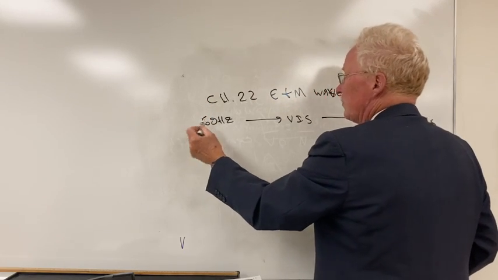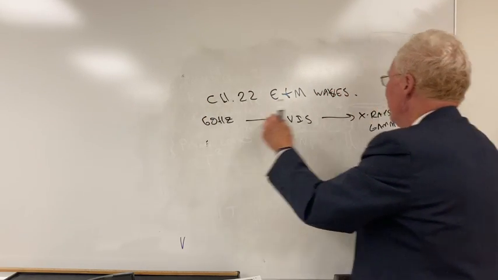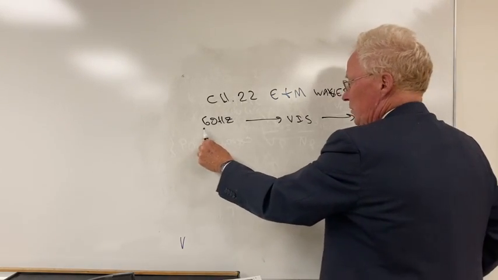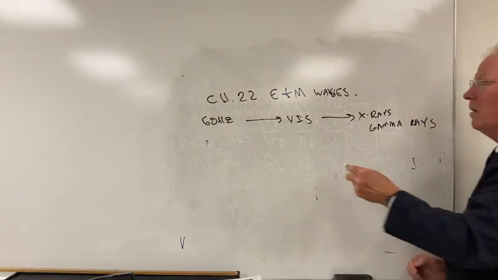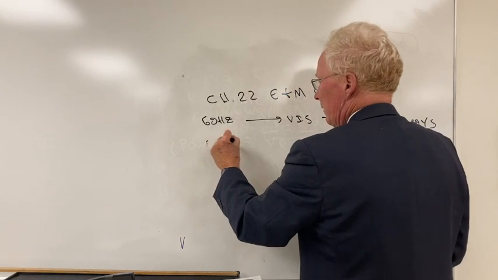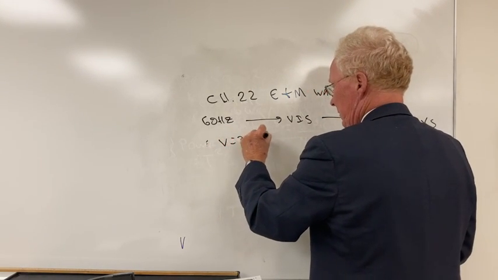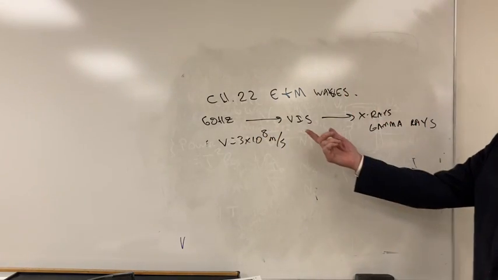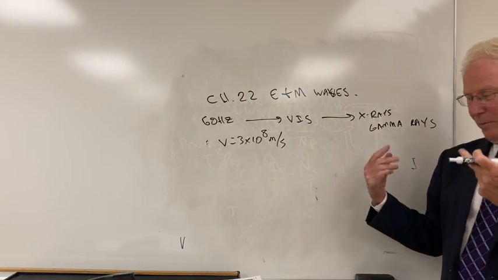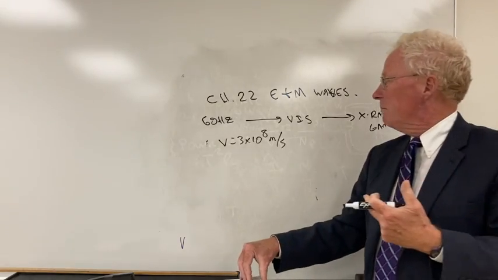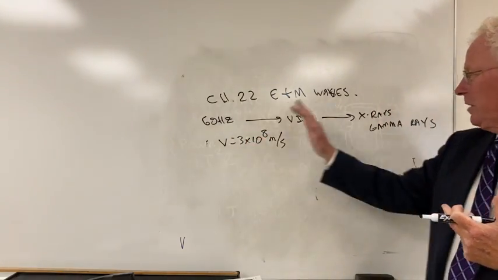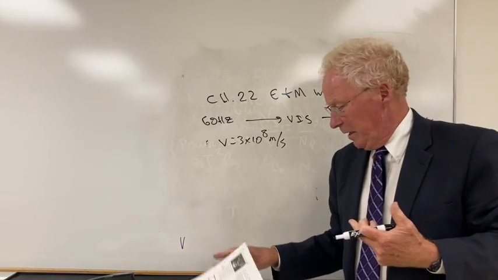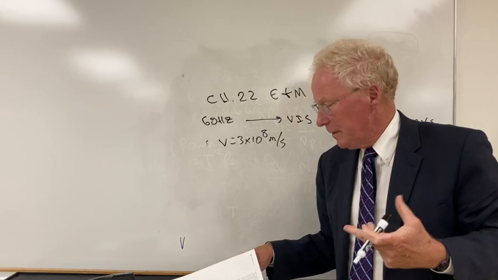Low frequency means long wavelength here, high frequency means short wavelength here. All of them travel at the speed of light, 3 times 10 to the 8th meters per second. Visible light is just the part of the spectrum that we can see, but all electromagnetic waves travel at this speed, as we've talked about.